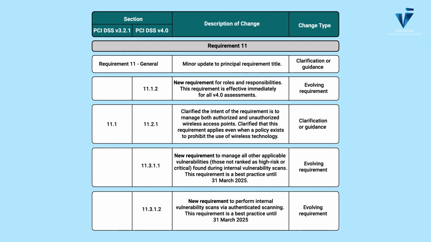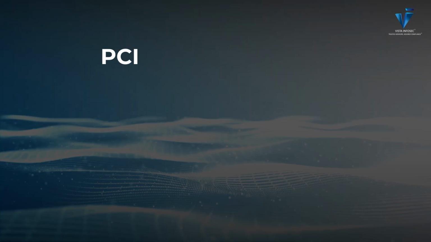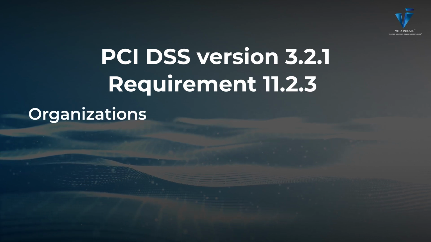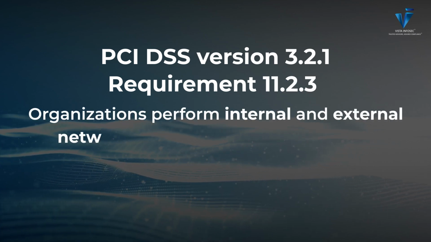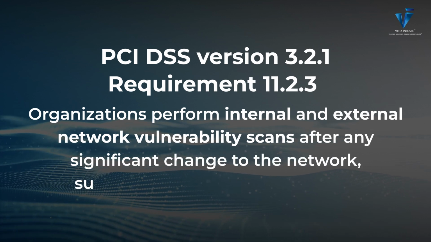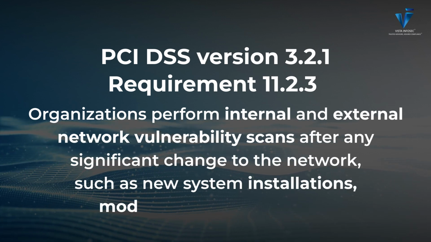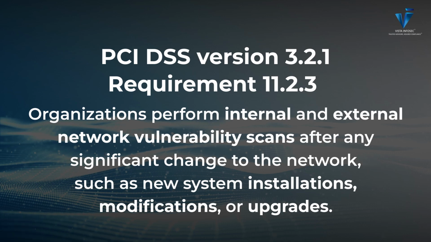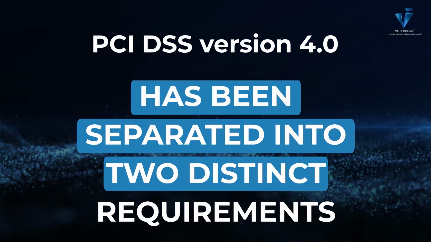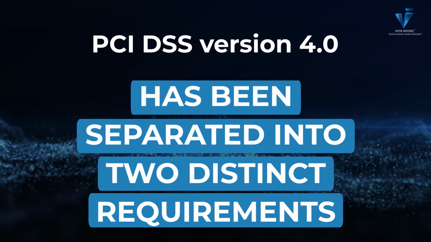I hope that helped. And moving ahead, in PCI DSS version 3.2.1, requirement 11.2.3 mandated that organizations perform internal and external network vulnerability scans after any significant change to the network, such as new system installations, modifications, or upgrades. In the latest PCI DSS 4, this requirement has been broken up into two separate, distinct requirements.